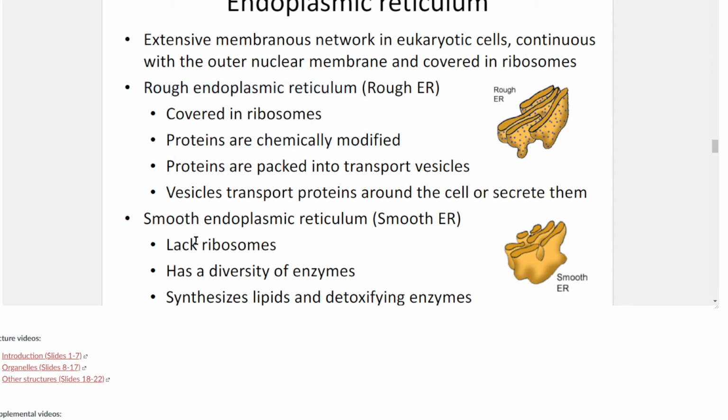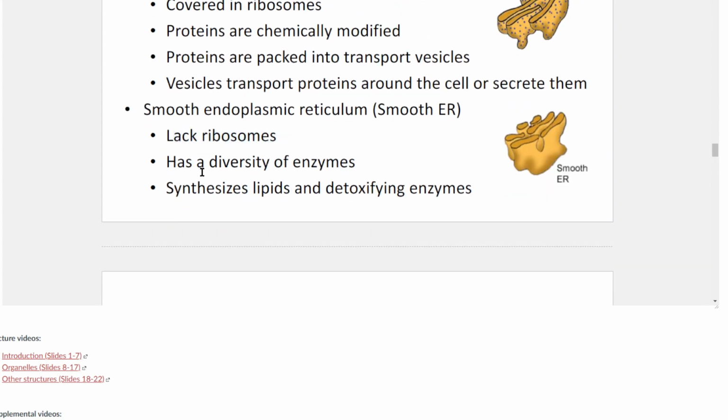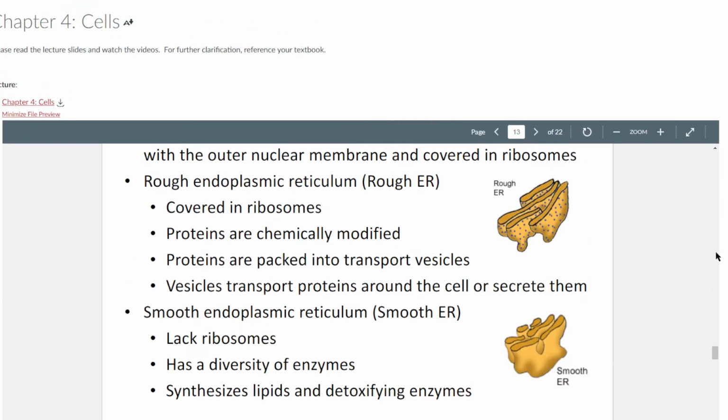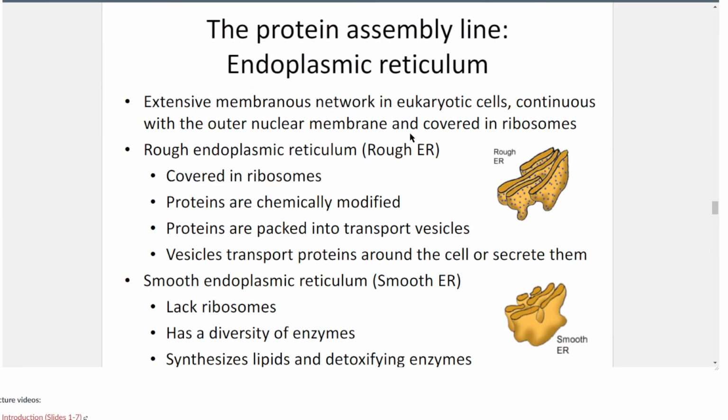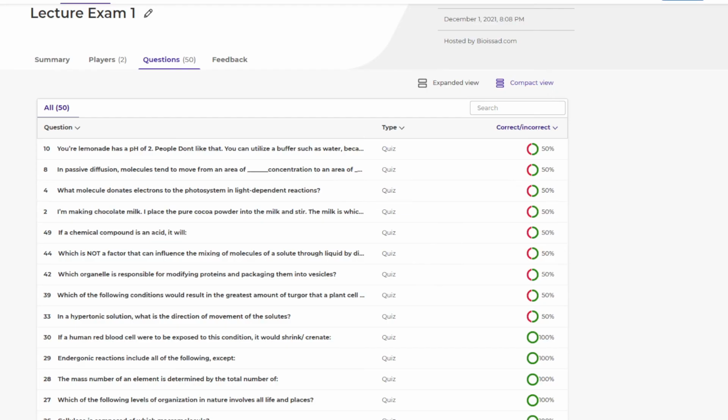If it doesn't, it's smooth. So they lack ribosomes, but they synthesize lipids and detoxify enzymes. So because these have ribosomes, they can modify proteins and pack them. So we've done this and this.